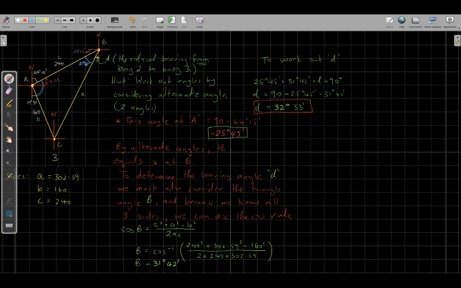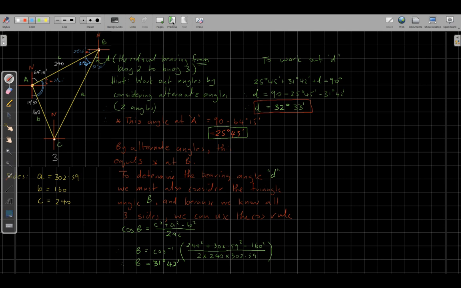Okay, so then all three of those are going to add up to 90. You see that? So that means that 25.45 plus 31.42 plus our unknown bearing angle equals 90. Take them both away from 90, make D the subject. We determine that D is 32 degrees and 33 minutes. So that's 32 degrees, 30 minutes. And that's our bearing angle. So we're from the south compass arm, 32 degrees, 30 minutes towards the west.